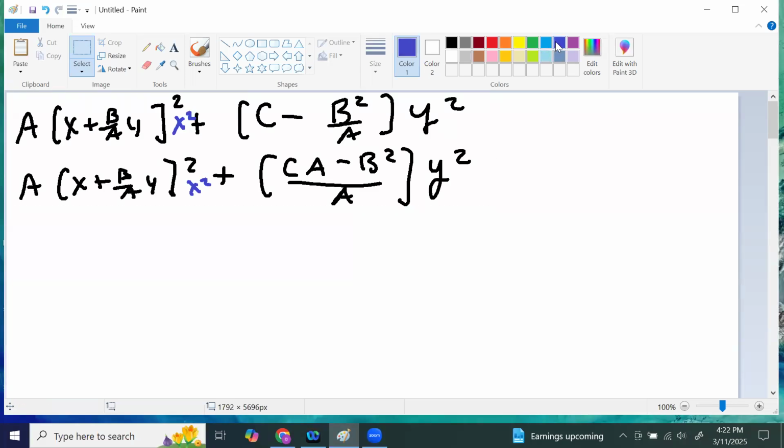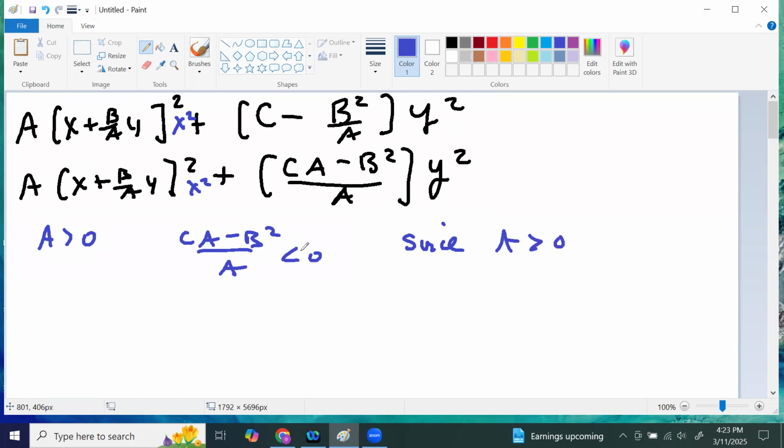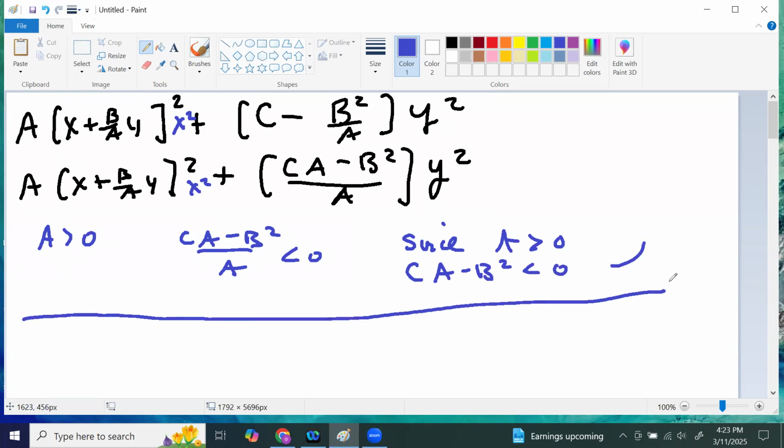So what we were doing here is the case where A is positive, but (CA minus B squared) over A was negative. Since A is positive and this whole thing is negative, CA minus B squared is negative. Now we still have a couple more things to check.